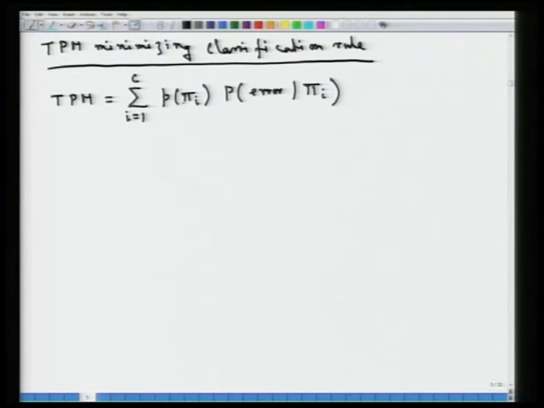So, the first term is p of pi 1 into the probability of classifying an observation which is coming from the first population pi 1 and putting it into any other population. What is this probability of error, by the way? This probability of error given pi i is going to be given in terms of the partitions that we have. Suppose we say that R1, R2, up to Rc is the classification partition.